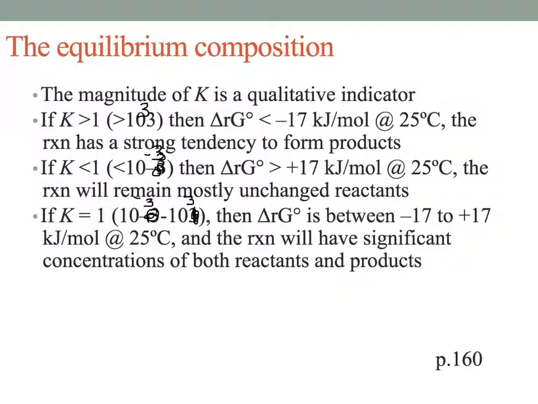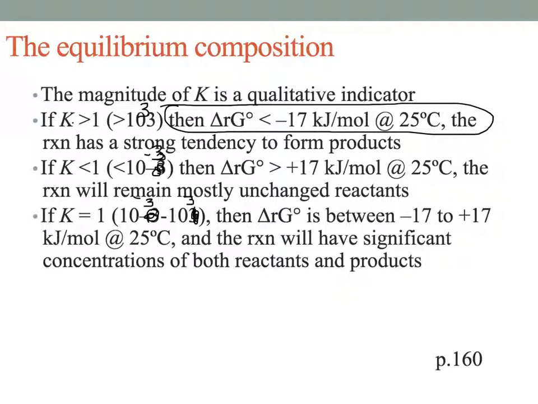Okay, so basically it does say the same thing, but the only difference is that when K is much greater than 1, on the order of about 1,000, then you can estimate that the value for the standard reaction Gibbs energy should be about negative 17 kilojoules per mole.